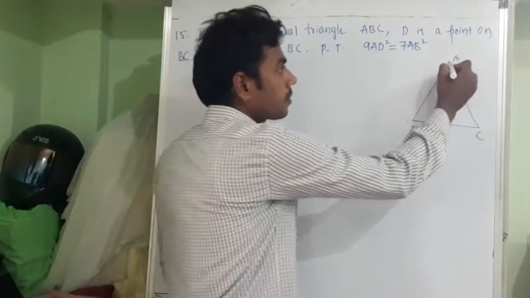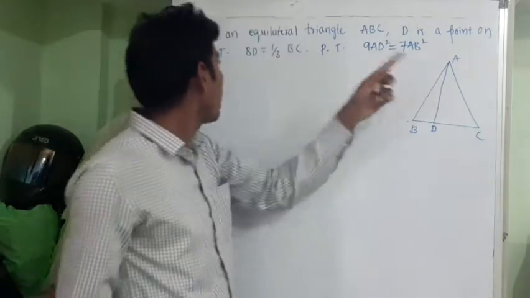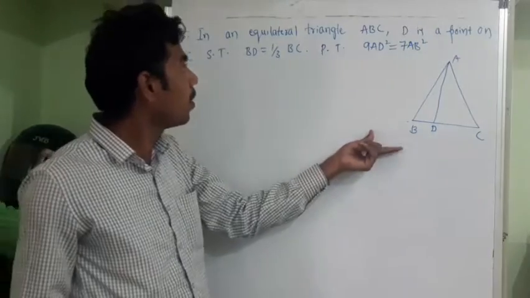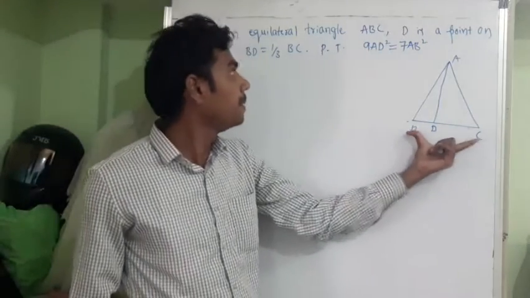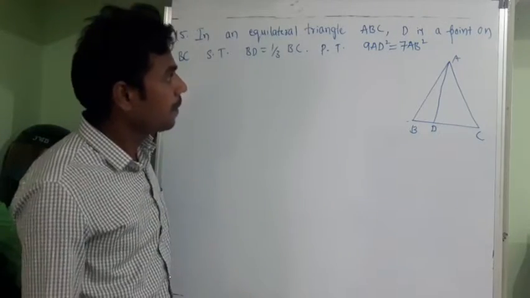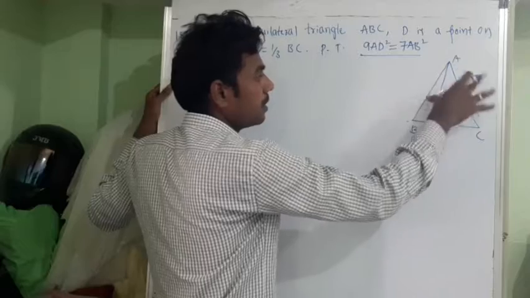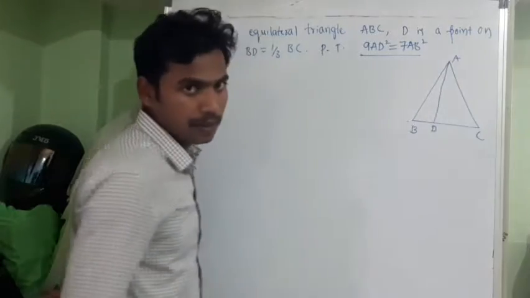Now there is a point D on BC, such that BD is equal to 1 by 3 times BC. Now they asked us to show 9 AD square is equal to 7 times AB square.